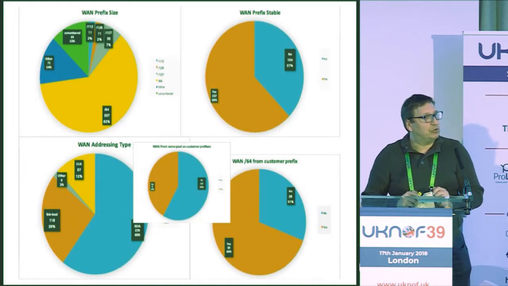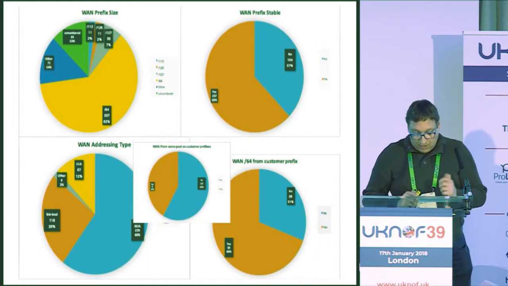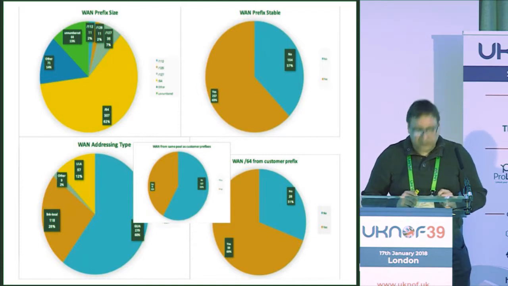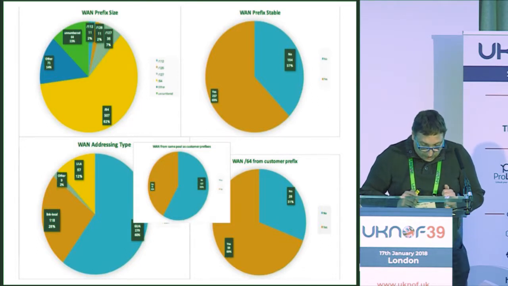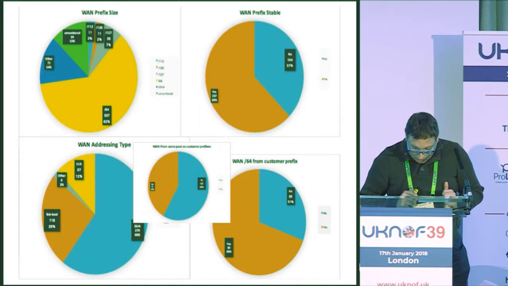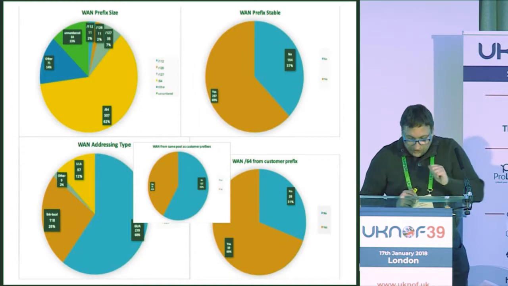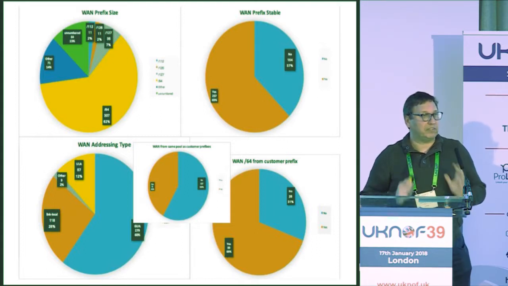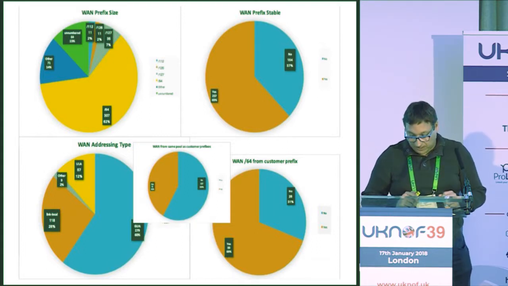Some questions about the one prefix. Most of the people, as I mentioned before, 62%, are using /64. Only 7% are using /127, so it makes a lot of sense again.